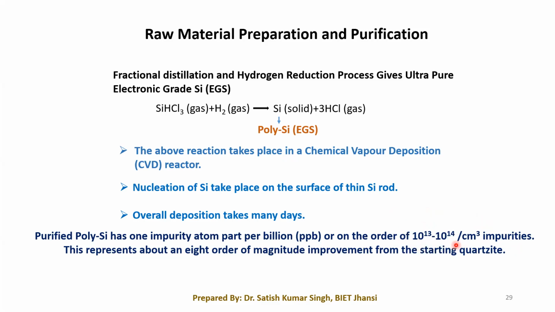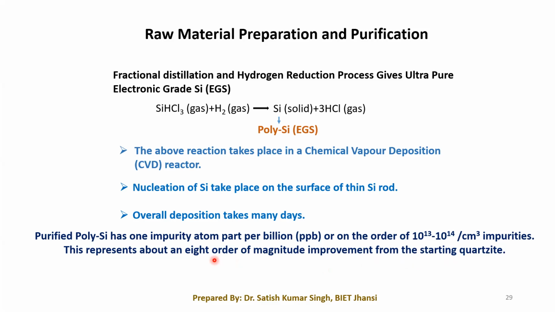When we see this number, 10 to the power 13 to 10 to the power 14 per centimeter cube, you must be thinking that if so many impurities are present, then why are we saying it is ultra pure? Let us read this line again: this presents about an 8 order of magnitude improvement from the starting product.